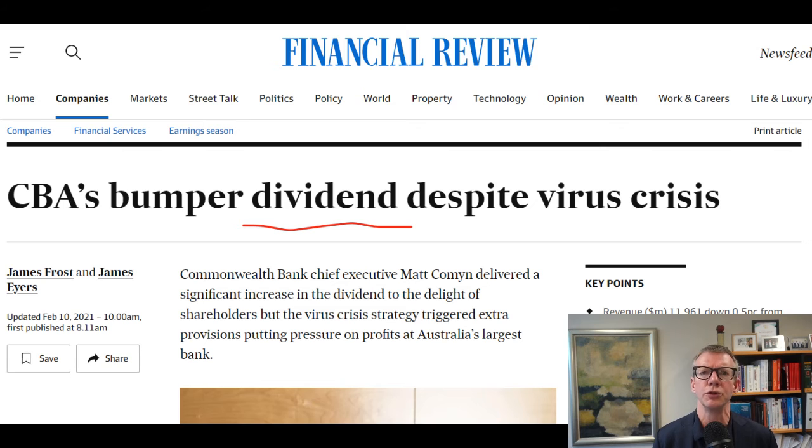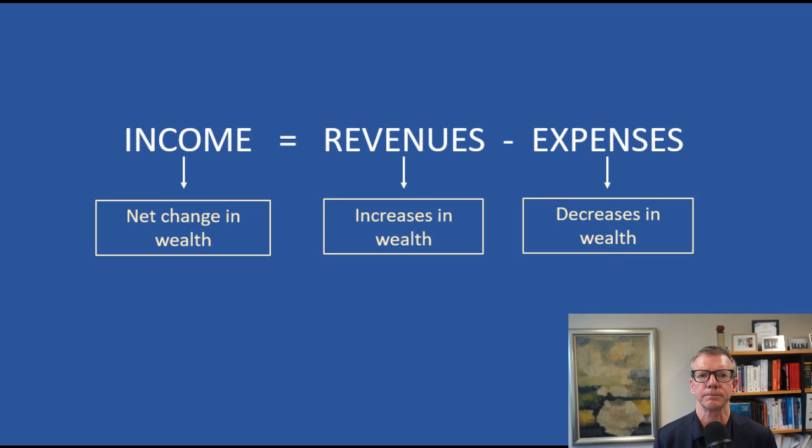Dividends are distribution of earnings to shareholders. So your retained earnings at the end of the year is going to be retained earnings at the start of the year, plus your net profit or loss, less any dividends paid. So your income statement and your balance sheet are linked via the retained earnings account, which is part of shareholders' equity. We'll see in the next two units how these two statements are linked to the cash flow statement.